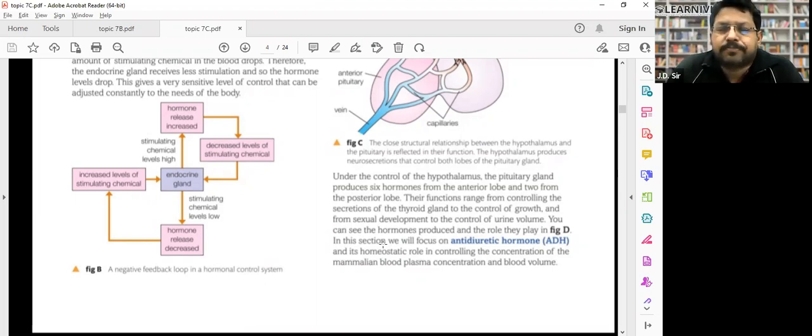Examples: caffeine, that is found in coffee; theine, found in tea; alcohol; drugs; etc.